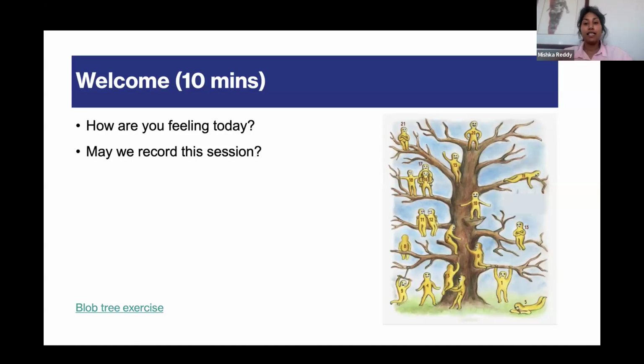And if you could please describe it instead of just saying the number so that everybody can participate in this, and maybe say a little bit about why it is that you're choosing that particular blob or that particular position that that person is in. And then we will start the session properly, but I just really wanted to see how everyone's arriving here today.